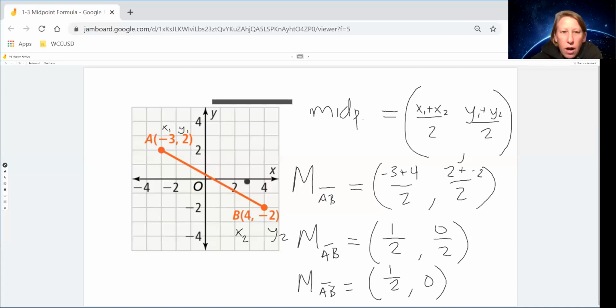Now we can look on the graph and see if that looks like the middle. If I start here and I go half in the X direction and 0 in the Y direction, do I land? Is this point right here the middle of the line segment? Does that look right to you? This point is at 1/2 for the X and 0 for the Y. That looks like the middle to me.